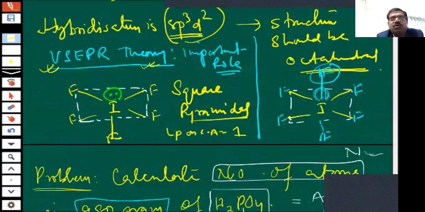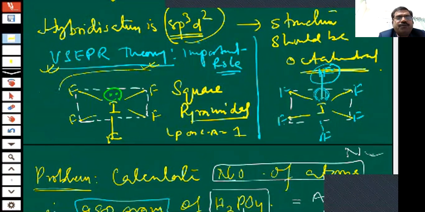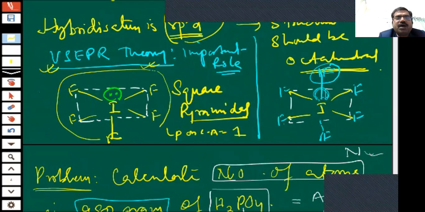If somebody asks you the total lone pair of electrons in IF5, what will be the answer, children?